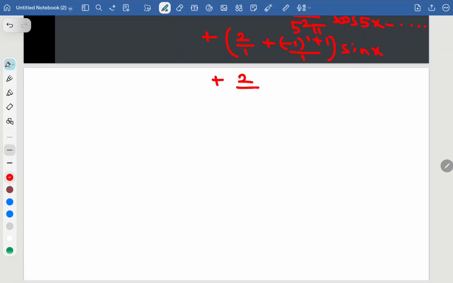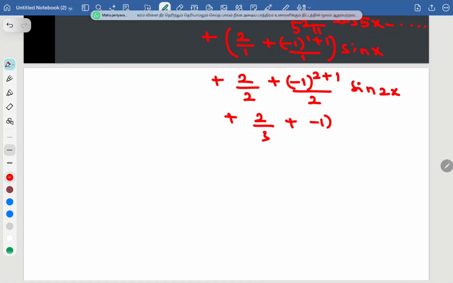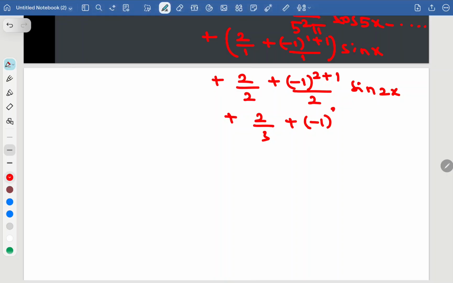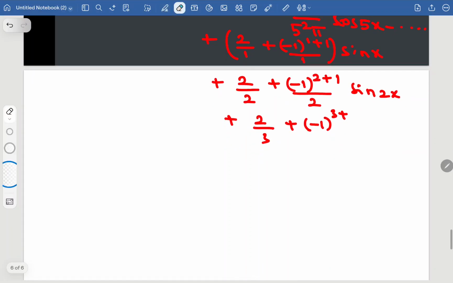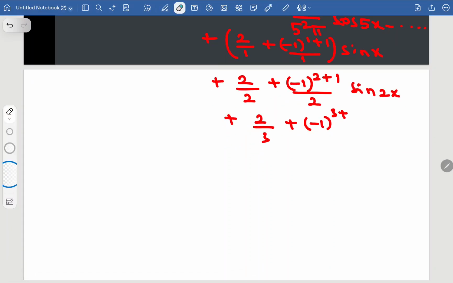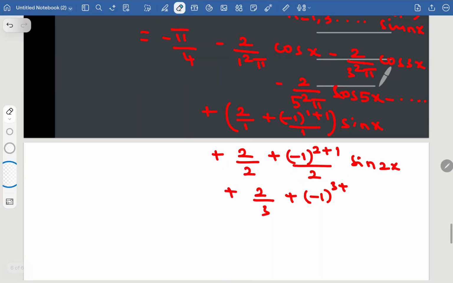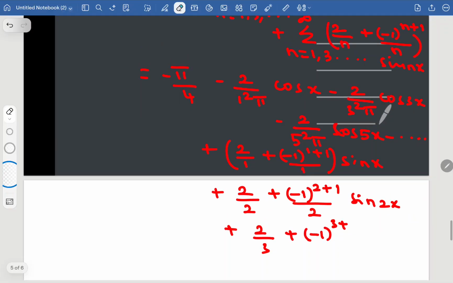Plus 2 by 2 plus minus 1 power 2 plus 1 divided by 2 sin 2x plus 2 by 3 minus 1 power 3, sorry, only for odd case, no. Okay. I am giving values n equal to 1. Is it okay? Yes. N equal to 3.